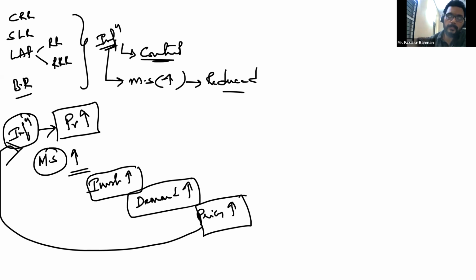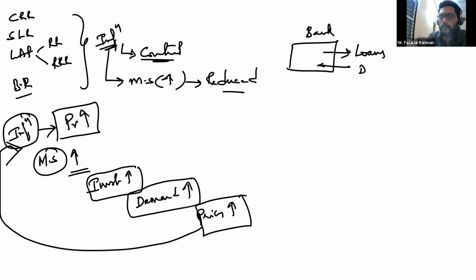Now, how will I reduce the money supply? That means I will target banks. From these banks, you're taking loans, and to these banks, you're making deposits. Smartly, when there is inflation, RBI will very simply increase the interest rates and advise the banks to increase the interest rates.